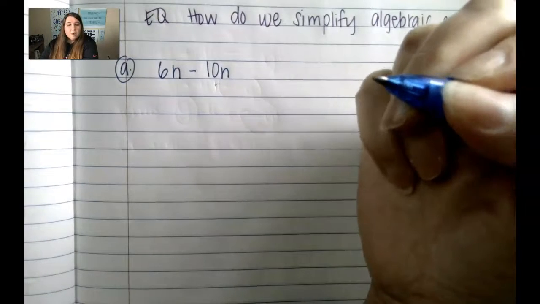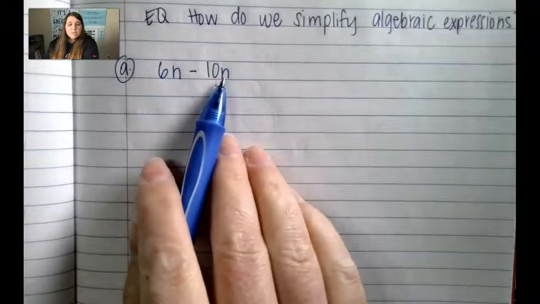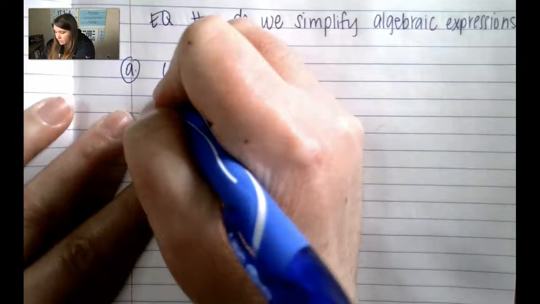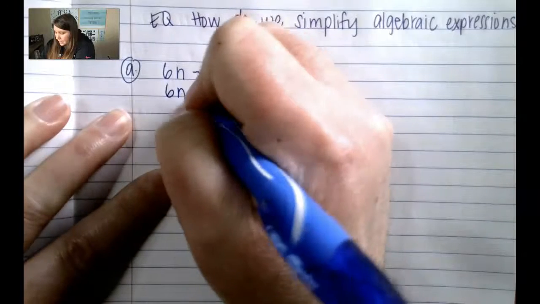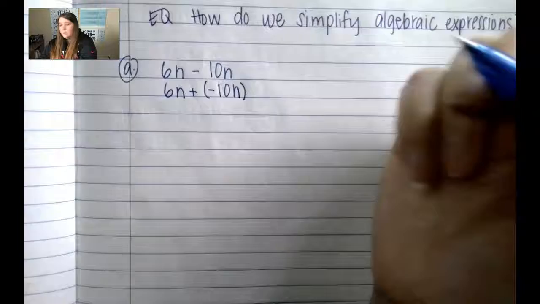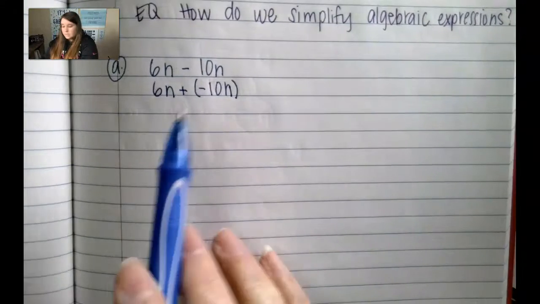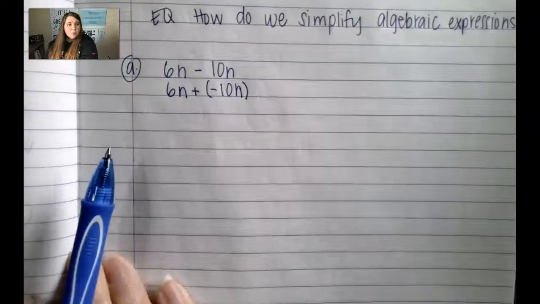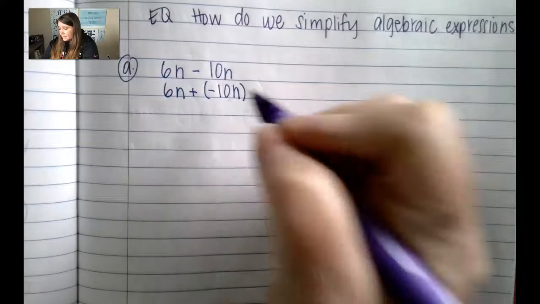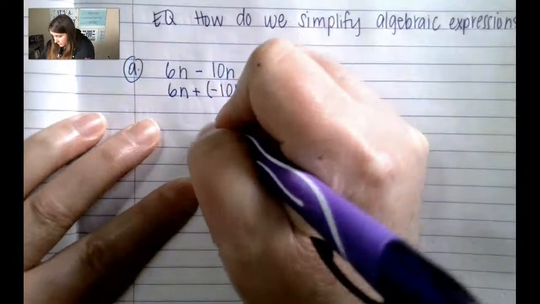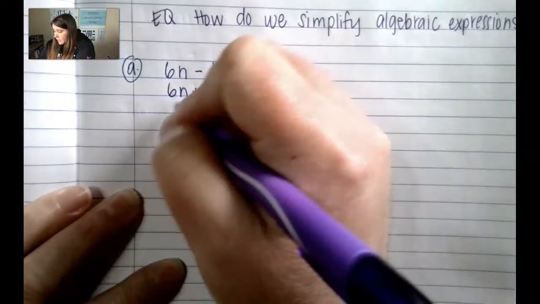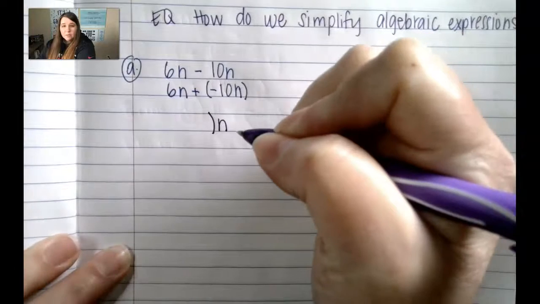When we look at this problem, we can see that both of these are n's, and we can rewrite this problem as 6n plus a negative 10n. We know that both of these have an n, so in order to simplify, we're going to use the distributive property and pull the n out and just worry about looking at those numbers.